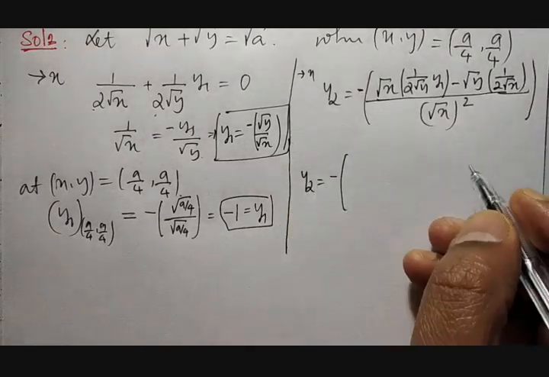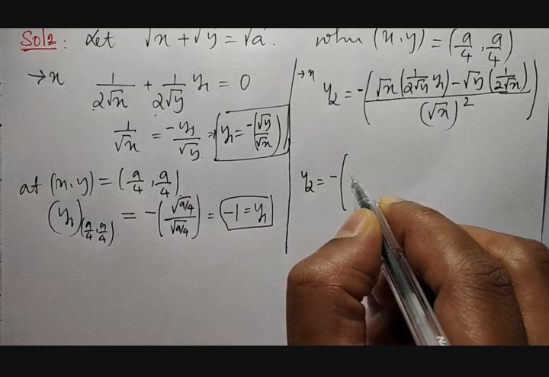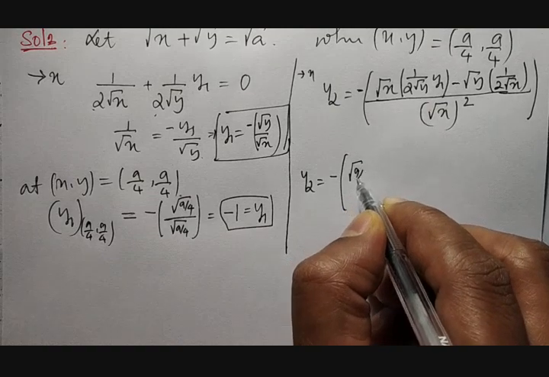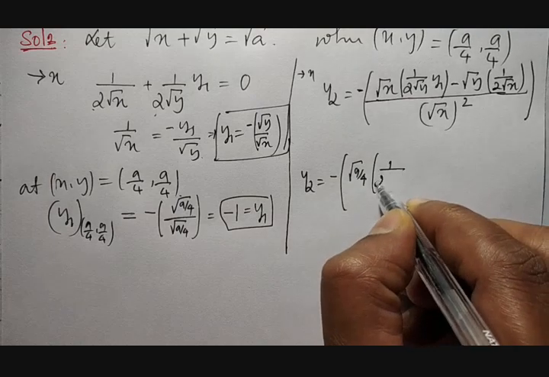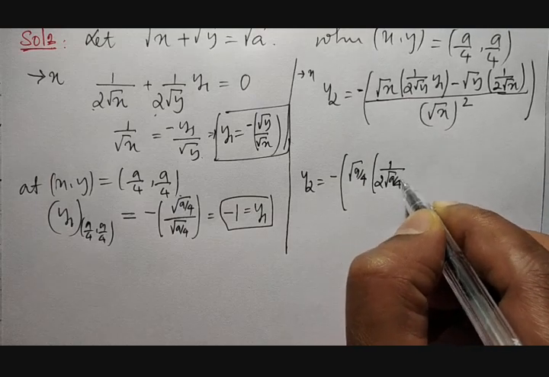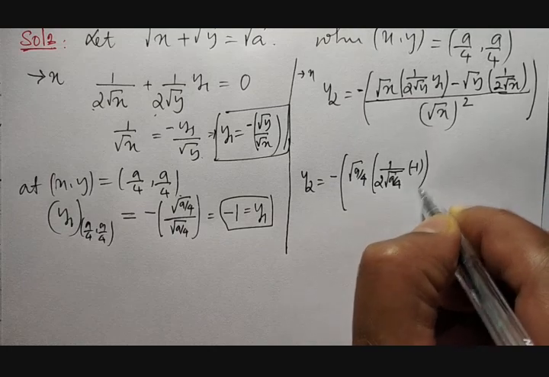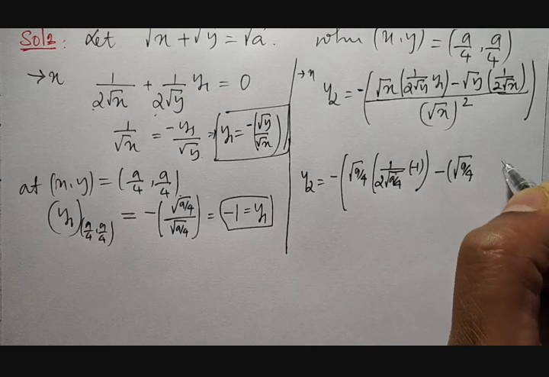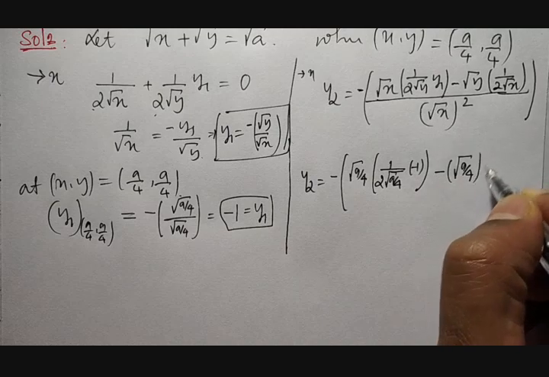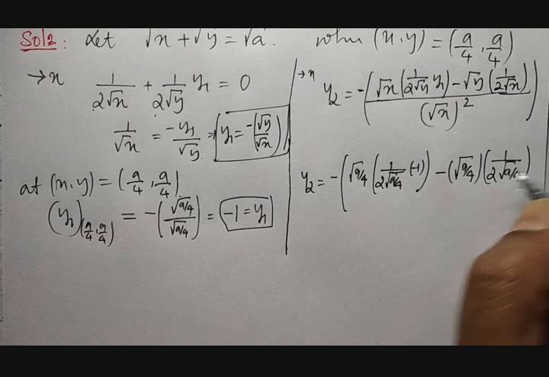Then y2 is equal to minus of, substitute the values. 1 root x, so that is root a by 4 into bracket 1 divided by 2 root a by 4 into y1, that is minus 1, minus root a by 4 into 1 divided by 2 root a by 4.